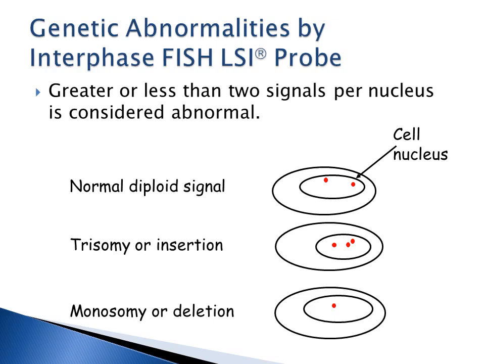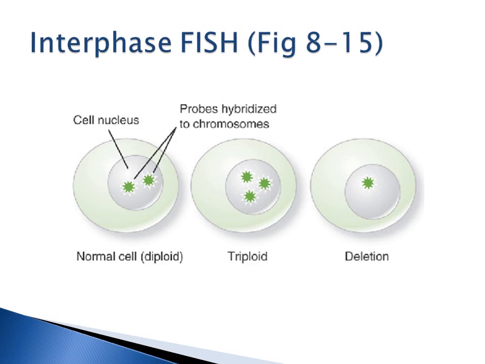Abnormal, you would either see 1, which would indicate either monosomy or deletion, or more than 2, which is going to indicate trisomy or an insertion. So once again, you're looking at the nucleus, you're looking at your probes that are going to hybridize, and a normal diploid cell is going to give you 2 signals, triploidy would give you 3, a deletion would give you 1.